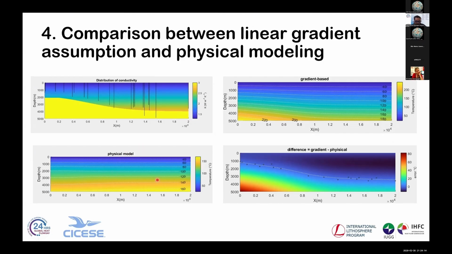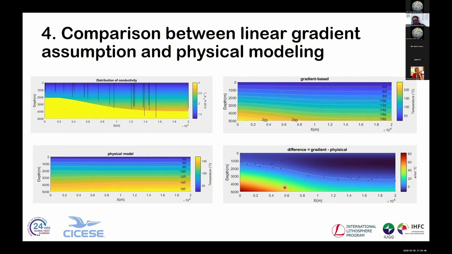Then I obtained the physical solution of the temperature for this thermal conductivity distribution, and then using the well temperature, I calculated the geothermal gradient, and I obtained the estimation of the temperature at depth. Then to compare the physical model against the gradient-based model, I calculated the differences between both models point to point, or node to node, and this is the result.